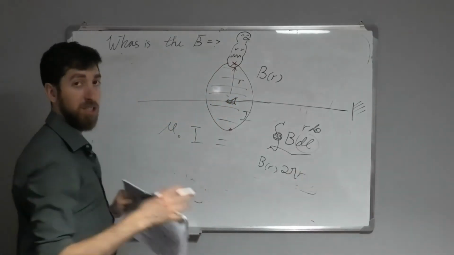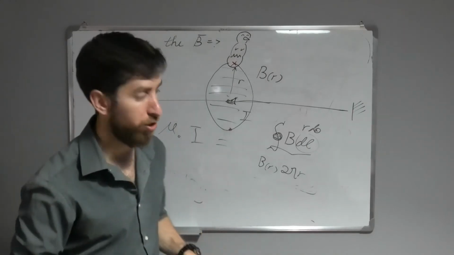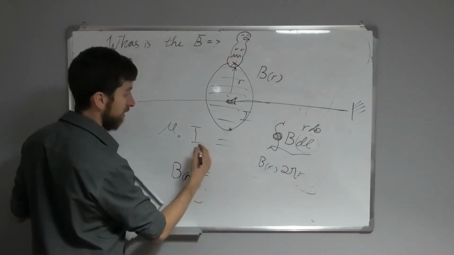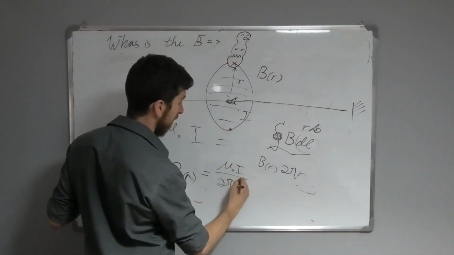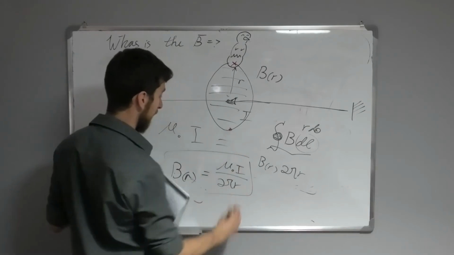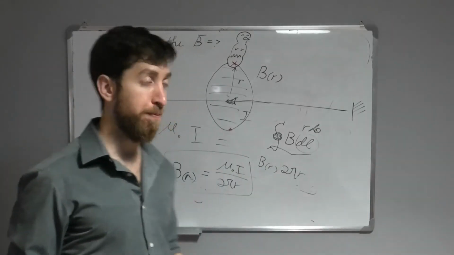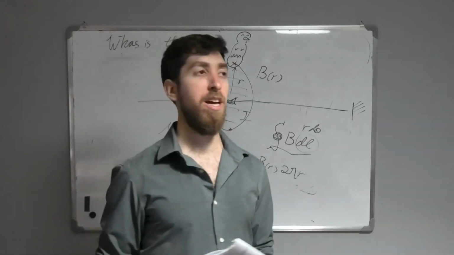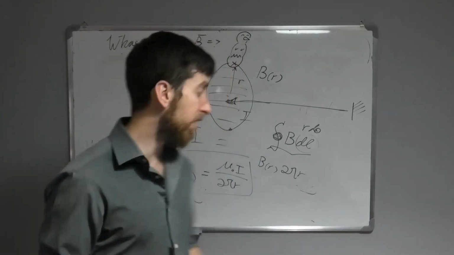And right now this is a really important equation that I'm sure you saw in the lecture. B as a function of r is equal to mu 0 I divided by 2 pi r. So this is the magnetic field produced by an infinite wire, which means the length of the wire is so significant compared to the distances from the wire you are taking care of.